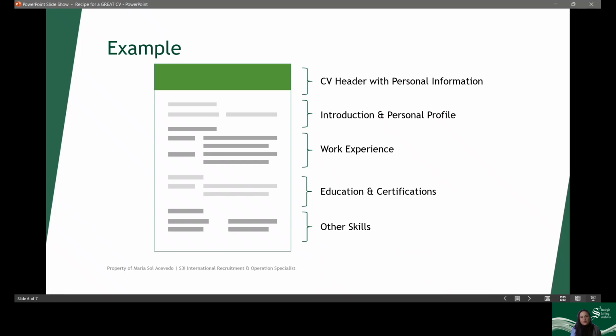Another tip would be to also tailor your CV according to each application. This might be challenging, but I recommend you taking the time to do that so you will be able to connect with that job and even with the recruiter who's working on that role when you apply.